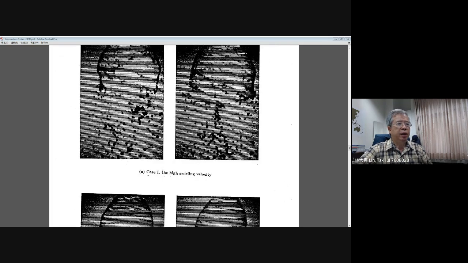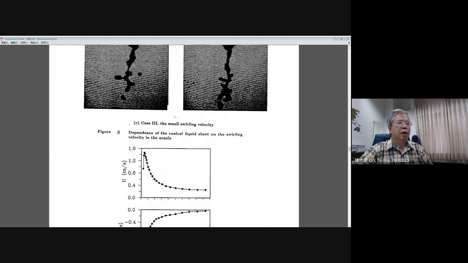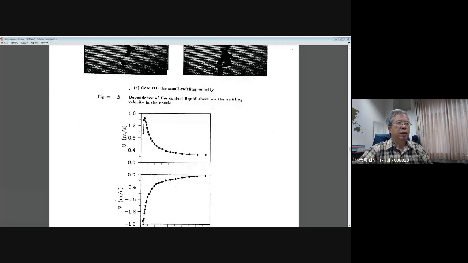And here they will tell you some reduction or decrease of axial velocity occurs here. Okay, but later on you can see those velocities of the droplets where they will show different directions in the recirculation zone.